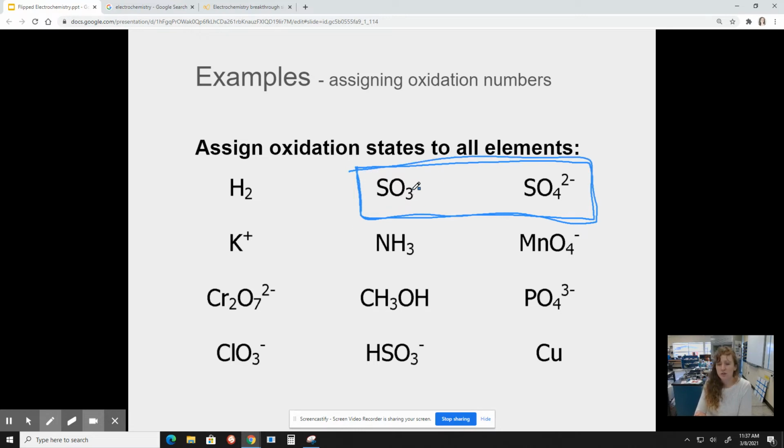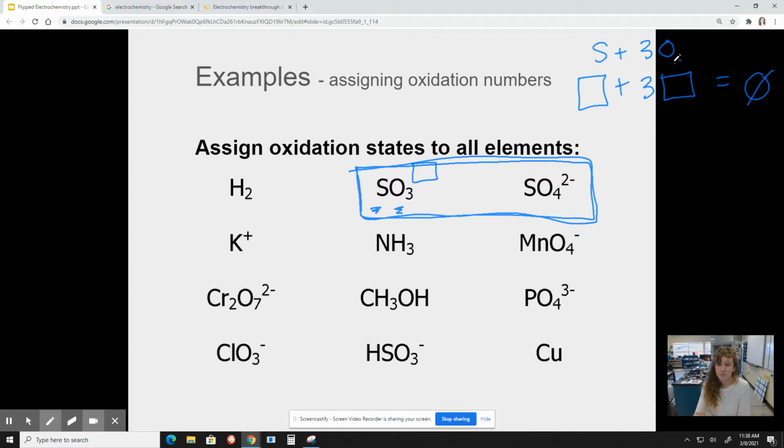If we're looking at SO3, we know we have an S, and we have 3 oxygens, right? The oxidation state on S and the 3 oxidation states on oxygen all have to add up to the charge of the molecule as a whole. This one is uncharged, so they're all going to add up to 0. Now, which one do we assign an oxidation state to first?